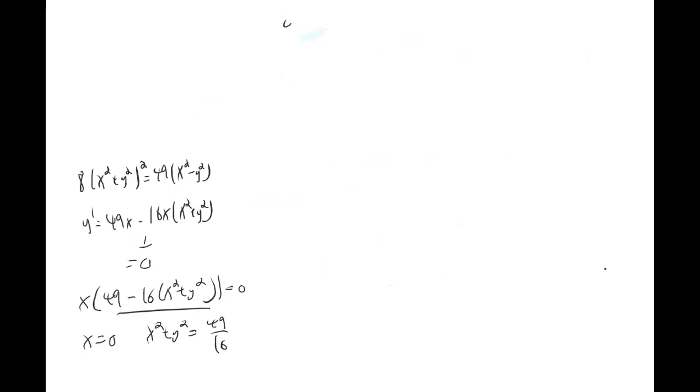No. Because if x is 0, y is 0 of course from this equation, and if you just look at the picture, the tangent line is not horizontal at the origin. So really, now let's plug in 49 over 16 into this equation.